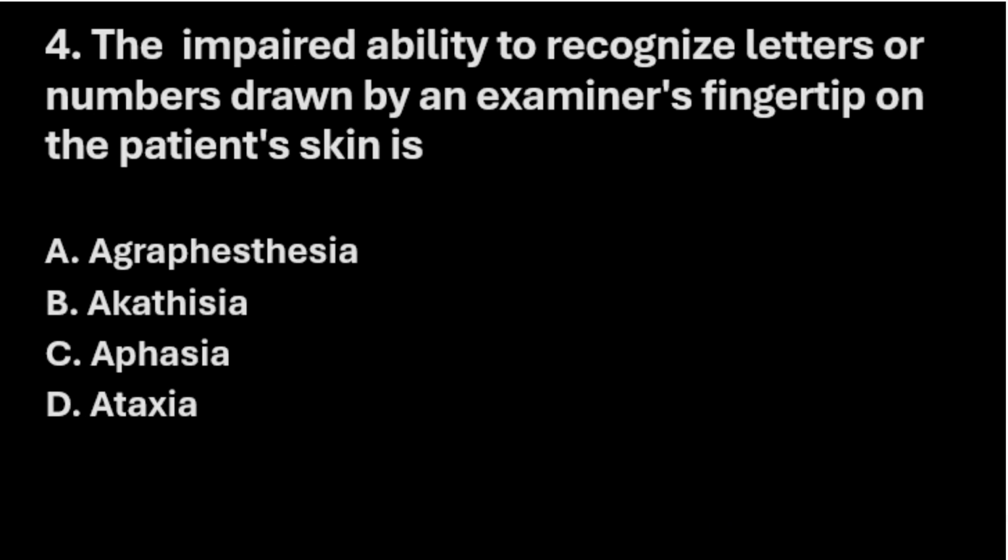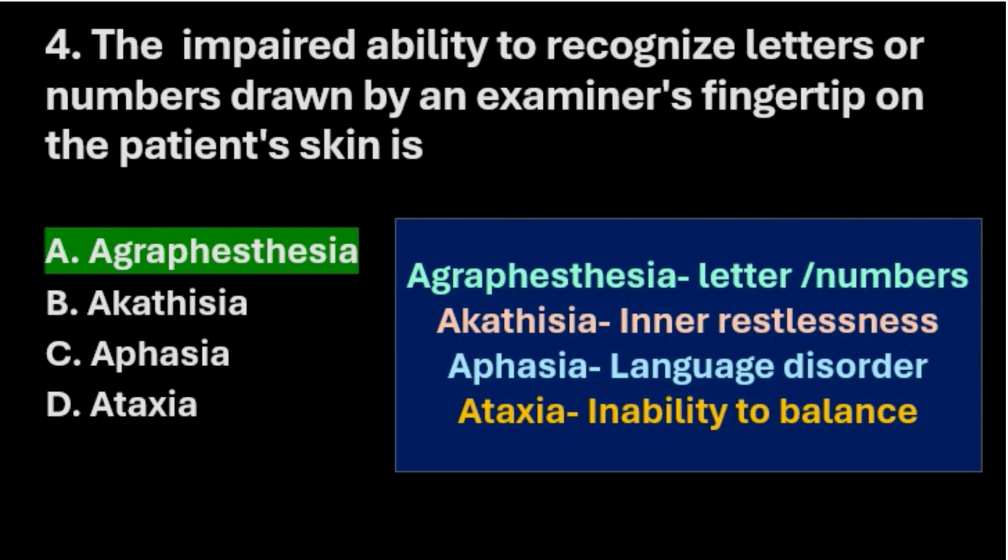Next question, the impaired ability to recognize letters or numbers drawn by an examiner's fingertip on the patient's skin is option A agraphesthesia, option B akathisia, option C aphasia, and option D ataxia. The right answer here is option A agraphesthesia.